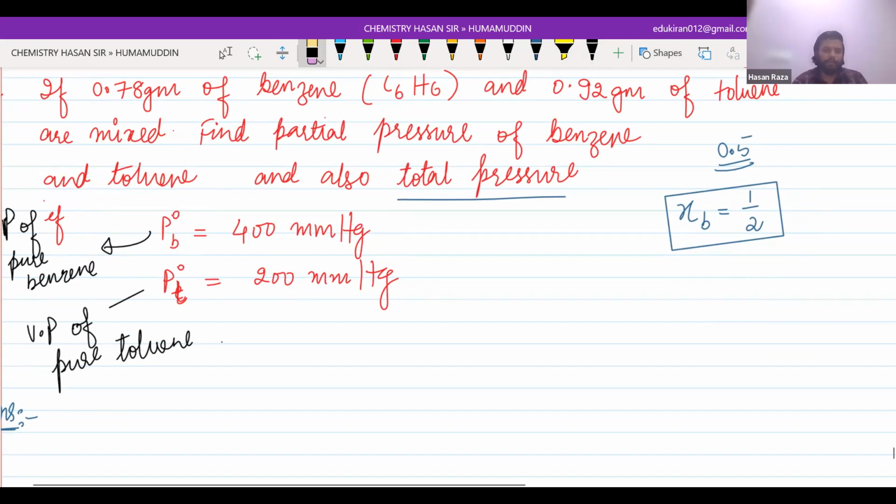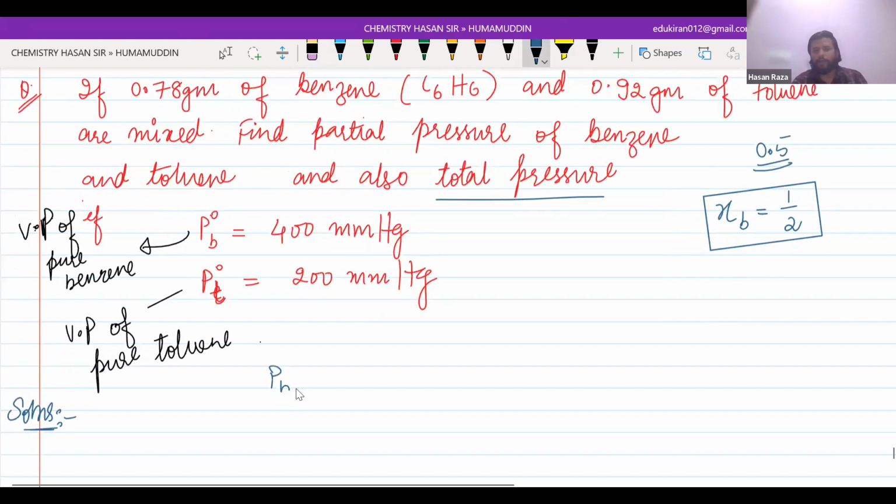Let me show you. First of all, you are going to write pure pressure of benzene into mole fraction of benzene. So the pure pressure of benzene is given. Now what you need to do is calculate the mole fraction of benzene. Mole fraction of benzene will be equal to number of moles of benzene upon number of moles of benzene and toluene.